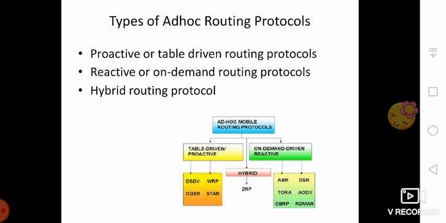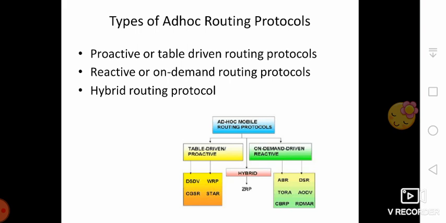Under the table driven protocol, we have so many types: DSDV, destination sequenced distance vector routing; WRP, wireless routing protocol; CGSR, cluster head gateway switch routing protocol; then STAR. Then under the hybrid we have ZRP.